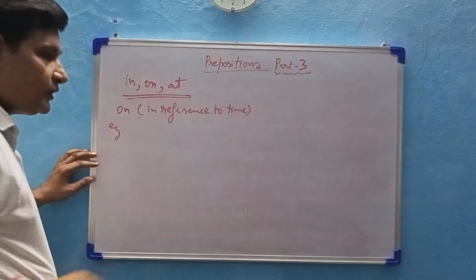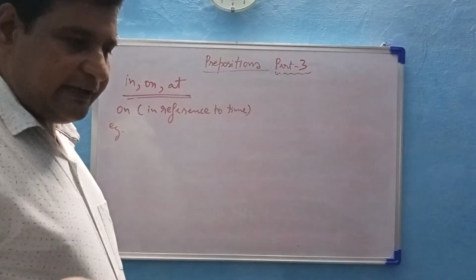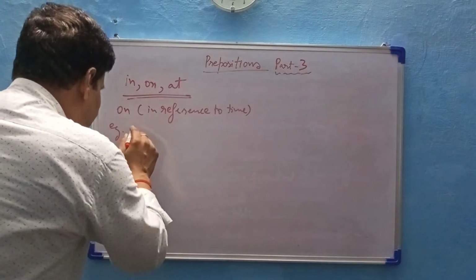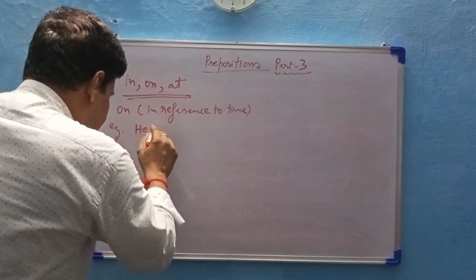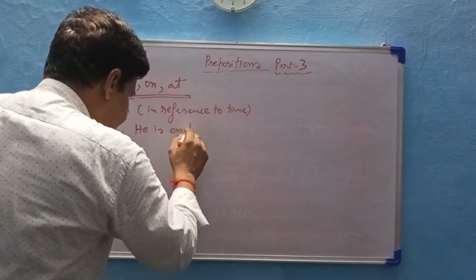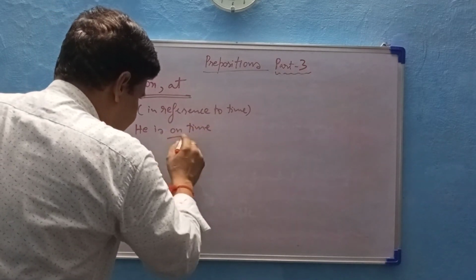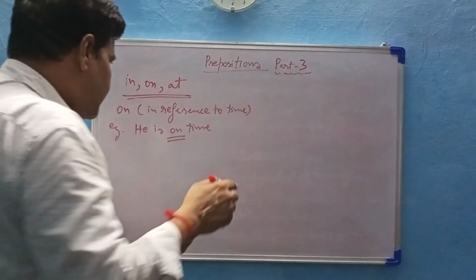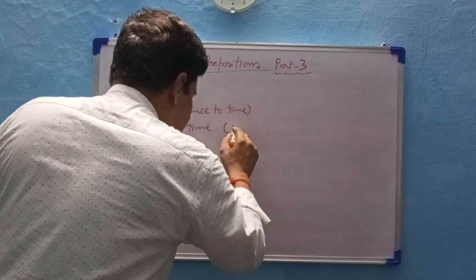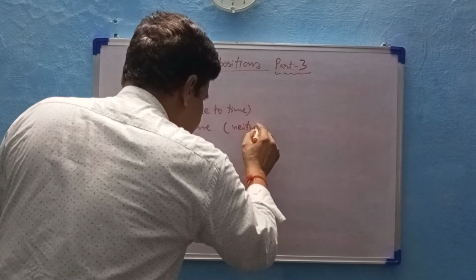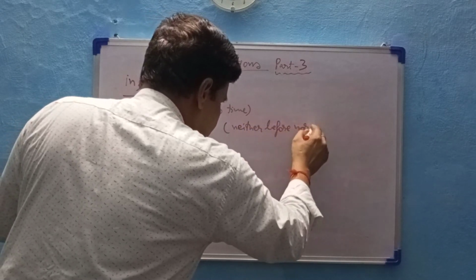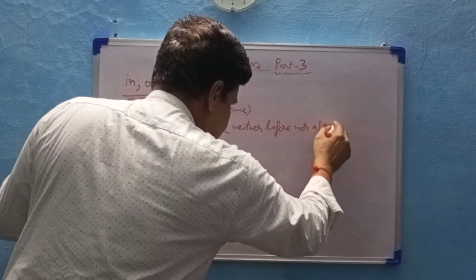Example. On means exactly. On means exact. He is on time. He is on time. It means neither before nor after.